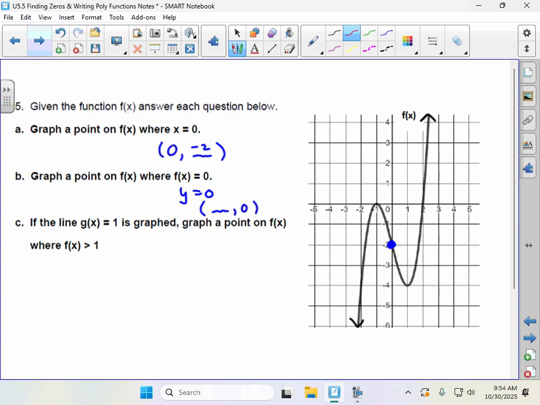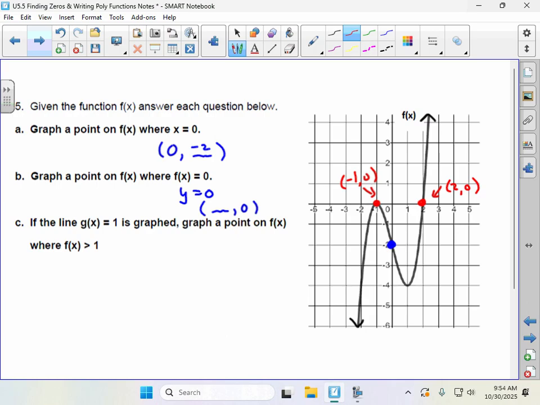All right, and it could be more than one. And there's more than one on this one. So there's one right there, because that's the point negative 1, comma 0. So you can see 0's in the y position when y equals 0. And then there's another one right here, and that's at 2, comma 0. Okay, again, you can see that 0 is in the y position. So there's 2 points on this when f of x equals 0.